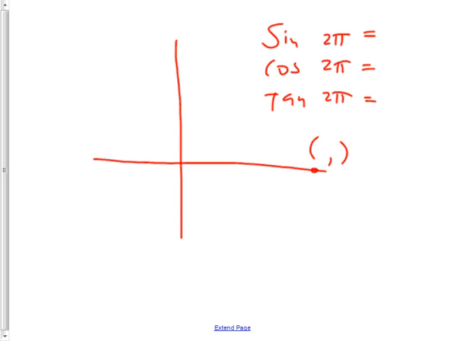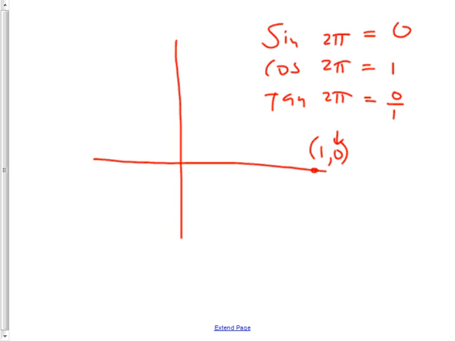All right, hopefully you said that point was 1, 0. Then, hopefully, you knew sine was y, so I just find the y of it, 0. Cosine's the x of it, 1. And tangent is y over x. Is 0 over 1 an okay thing?